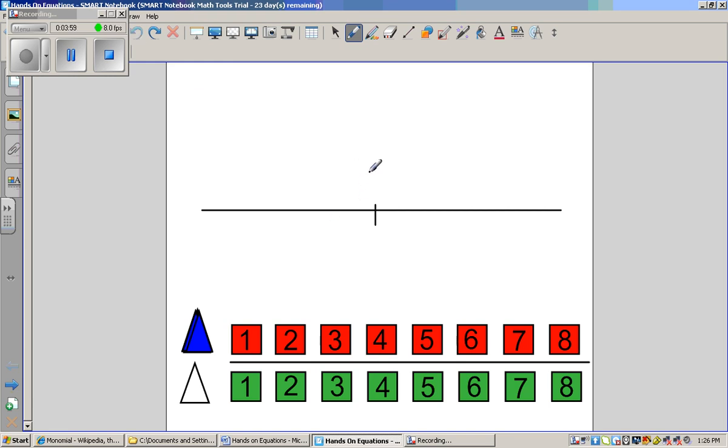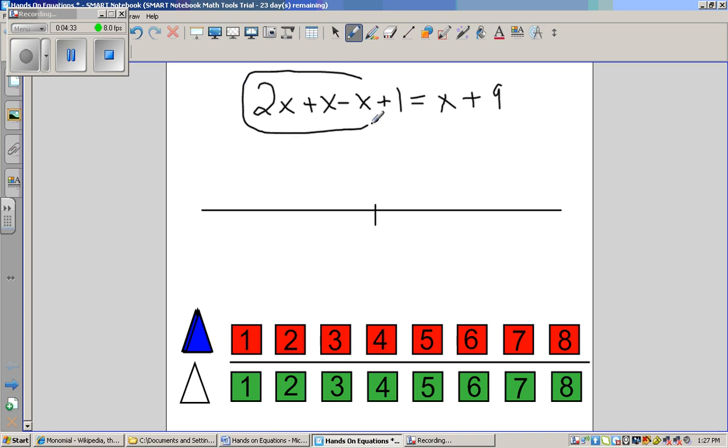Okay, here we go. Another equation. This time it's 2x plus x minus x plus 1 equals x plus 9. Now before you begin putting your manipulatives onto your scale, look in your equation and find your like terms.